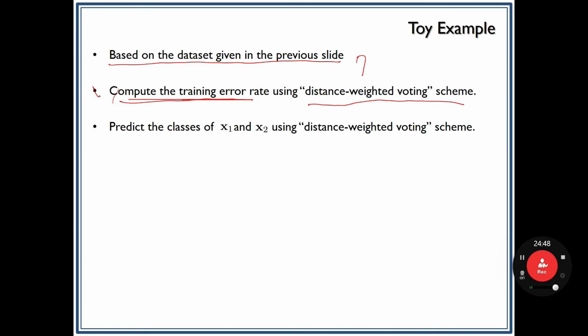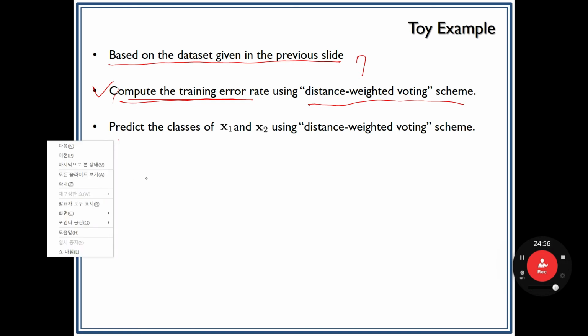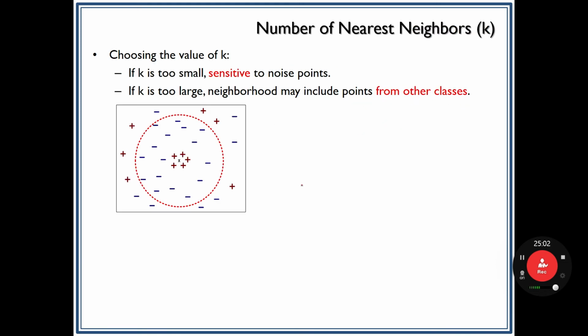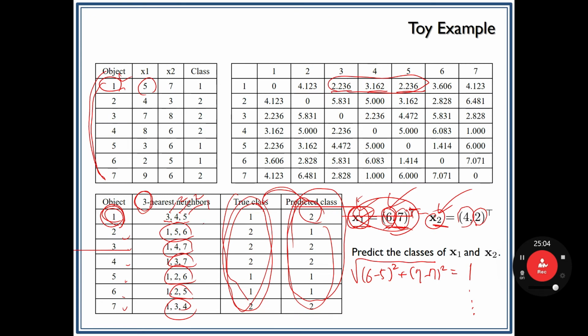That's the first question. I think it can be very easily done. Oh no, not that. Sorry about that, because we have to use the distance weighted voting scheme, so not just by counting the class labels.